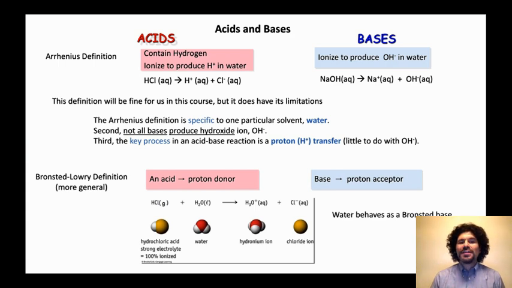In the world of Bronsted and Lowry, HCl is going to react with the water. It's actually going to do an acid-base reaction with the water. We'll get to that more in the next lesson to give H3O plus and Cl minus. And in this case, HCl is the Bronsted acid and water is the Bronsted base.